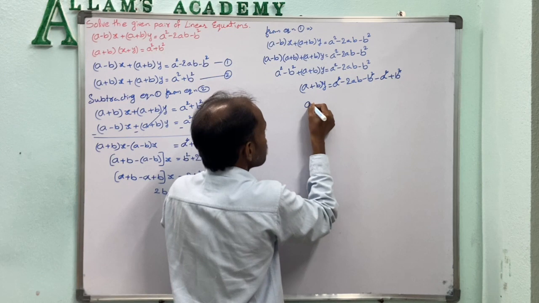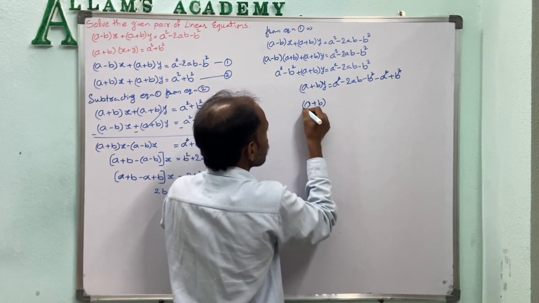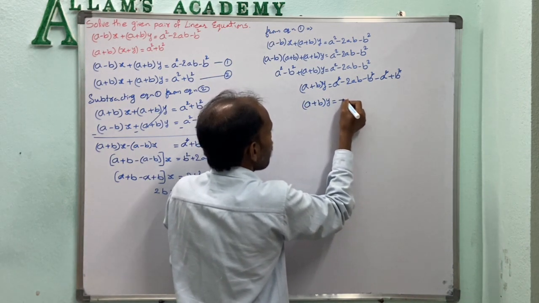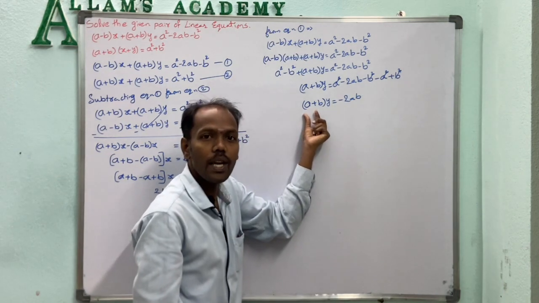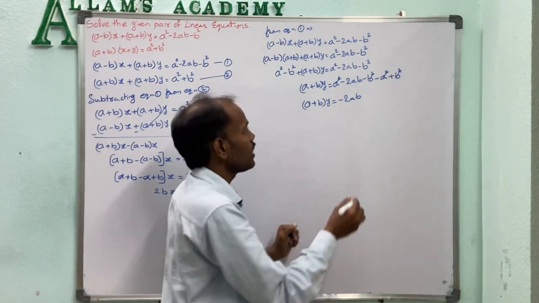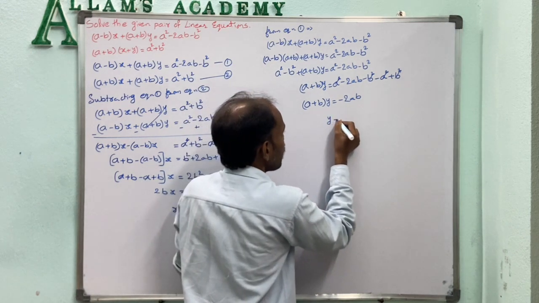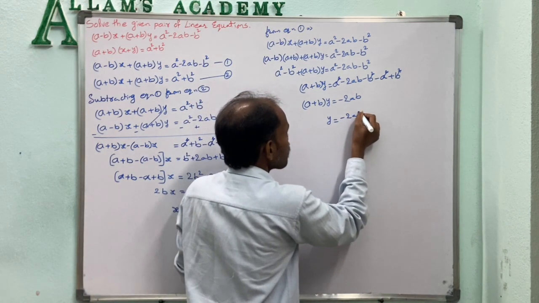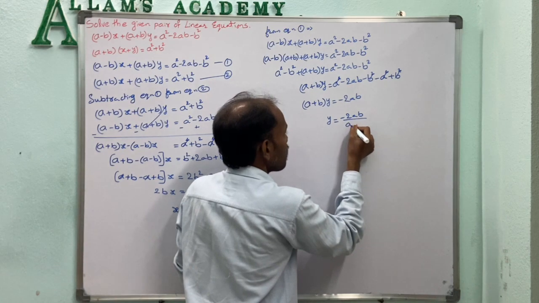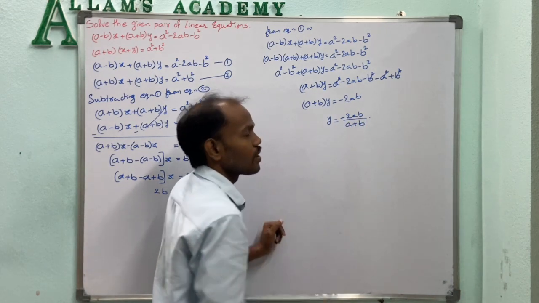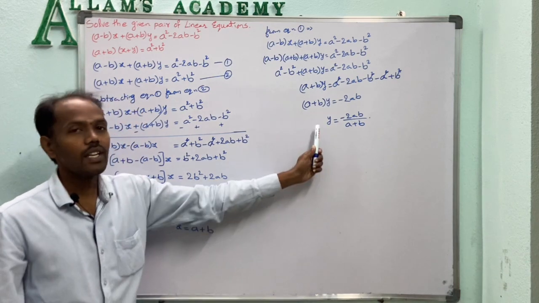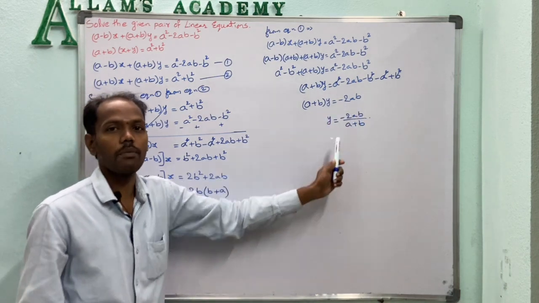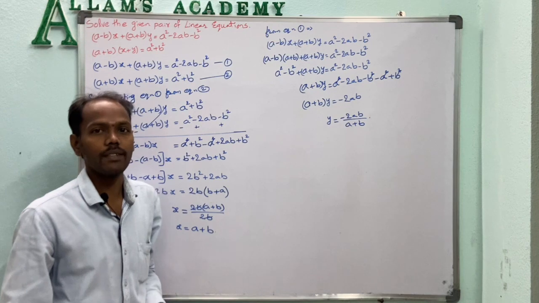So (a + b)y equals −2ab. Now this multiplication of a + b is transferred to this side, that is division. So y equals −2ab by (a + b). So here we get x equals a + b, y equals −2ab by (a + b).